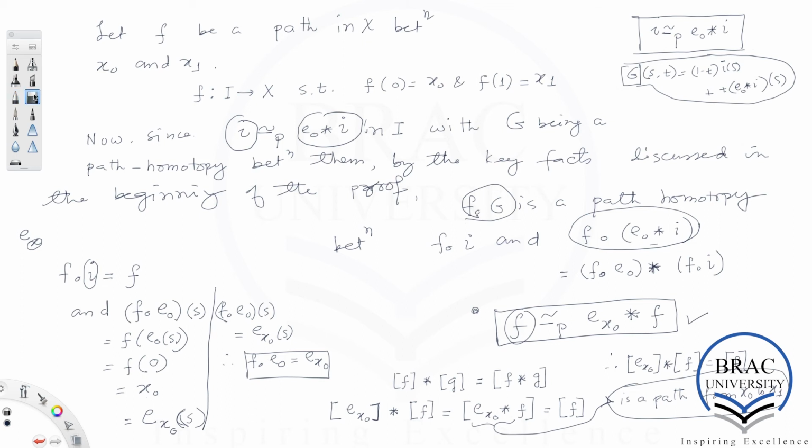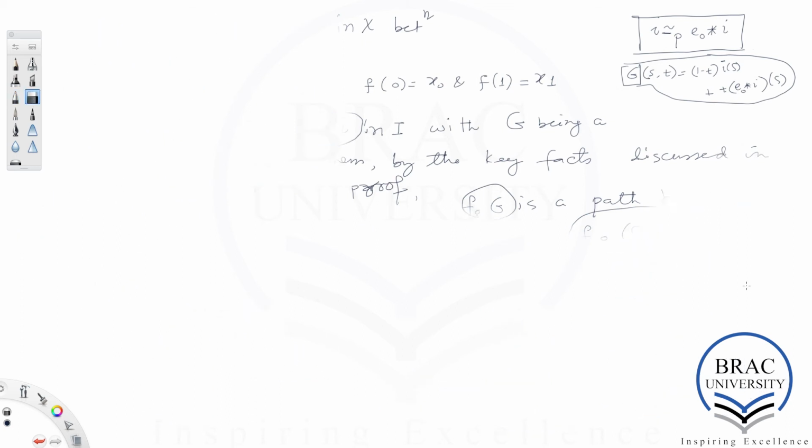Okay, now one can go on similarly to show that this identity holds: the class of f star the class of e sub x1 is equal to the class of f. So this is the right identity, and previously we proved the equality for the left identity.